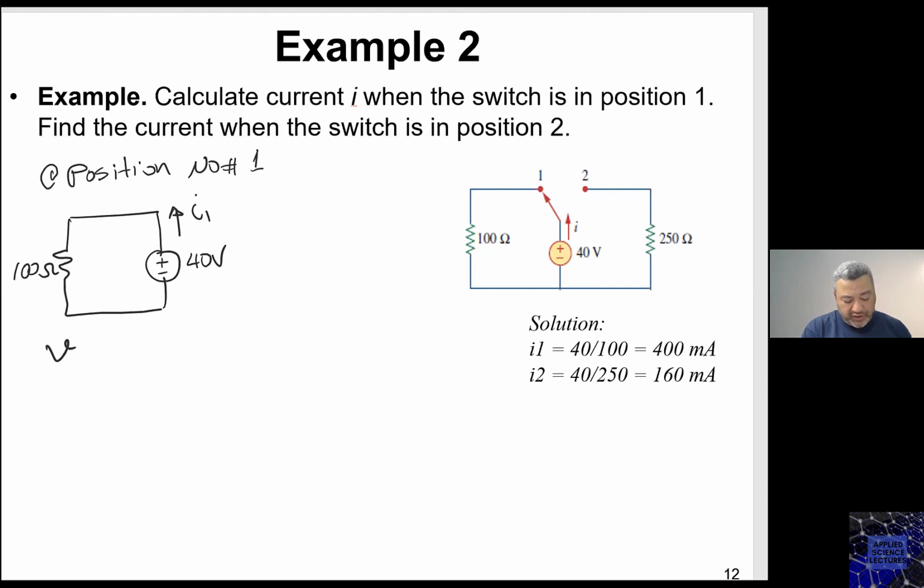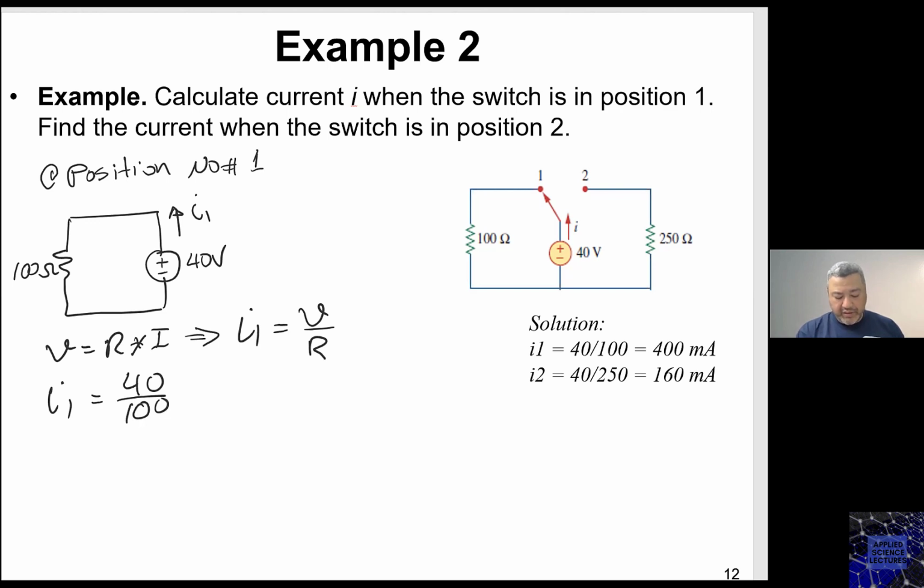I know that V equals R times I. So here I1 is V divided by R. So I1 is 40 divided by 100.